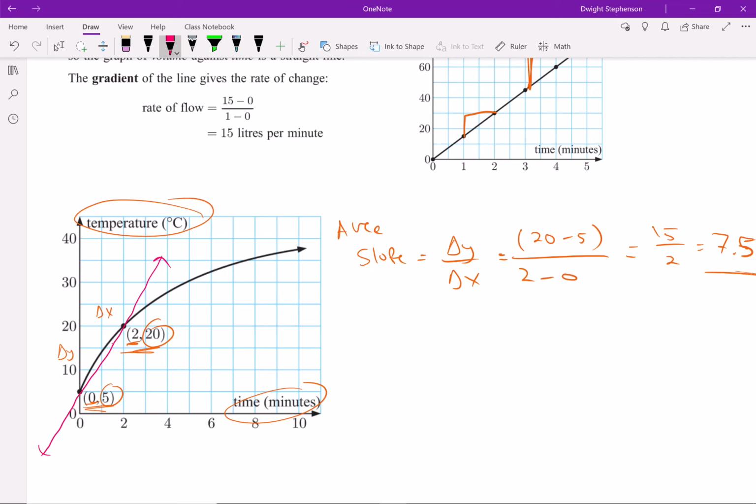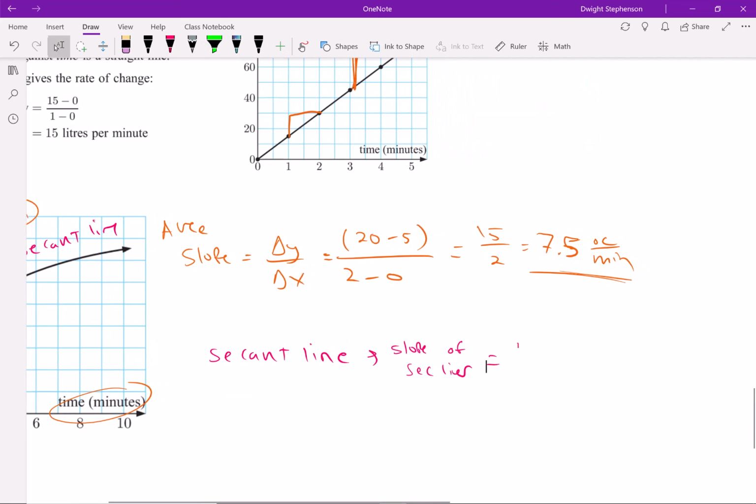That's what we found, the slope of that line. This line is called a secant line, and the slope of the secant line tells us the average rate of change.